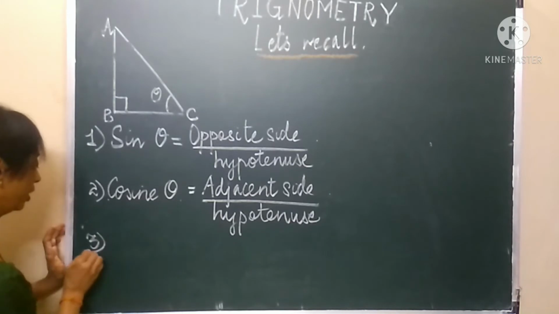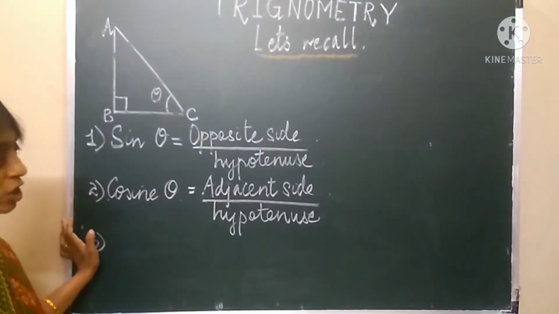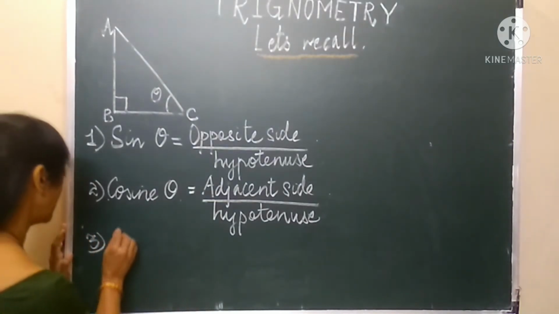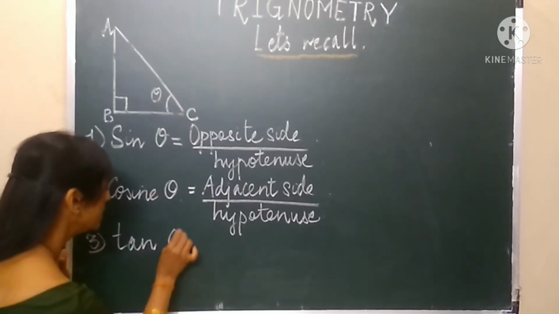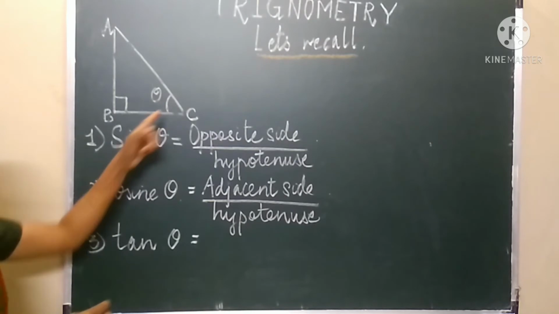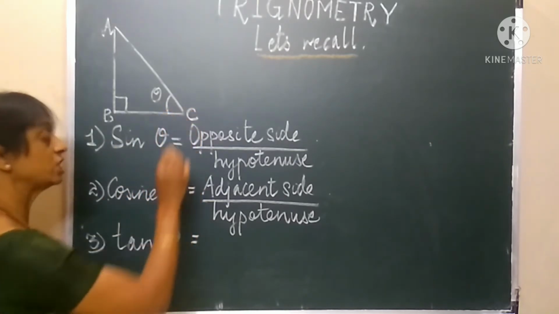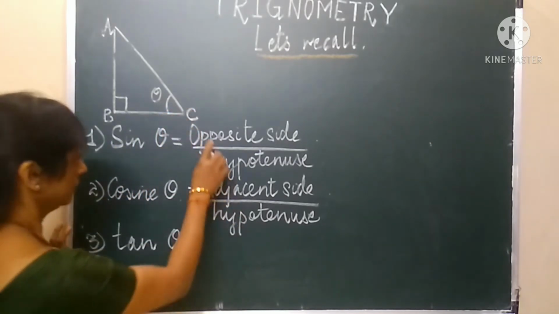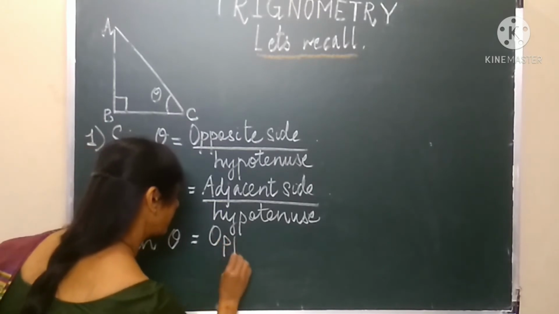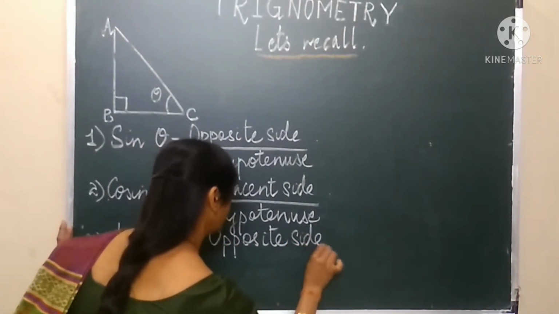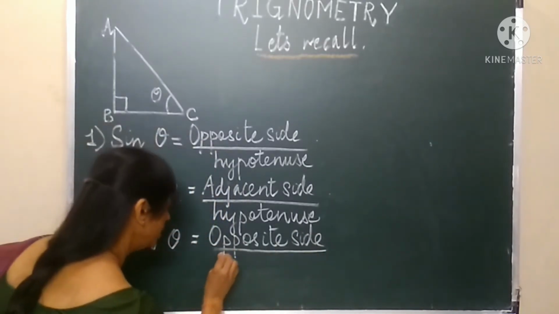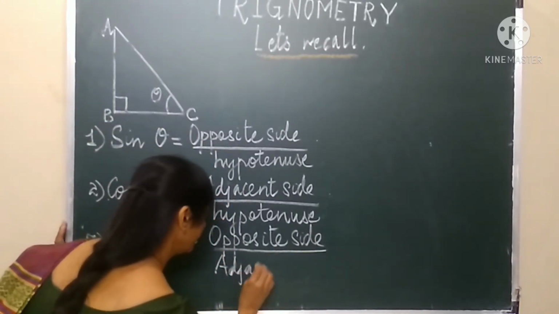And the third basic trigonometrical function was called tan. Of which angle are we considering over here? Angle C, that is theta. That was given by a general formula, that is opposite side upon the adjacent side.